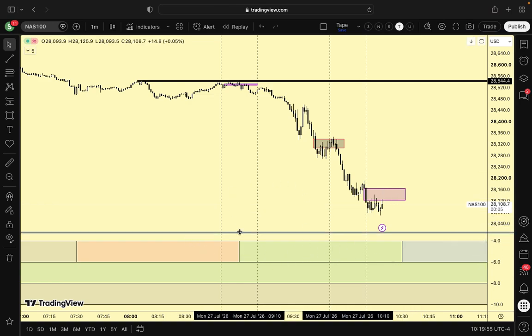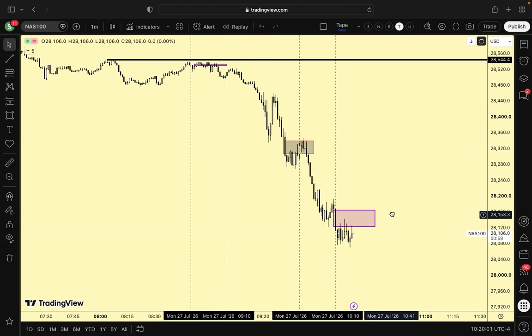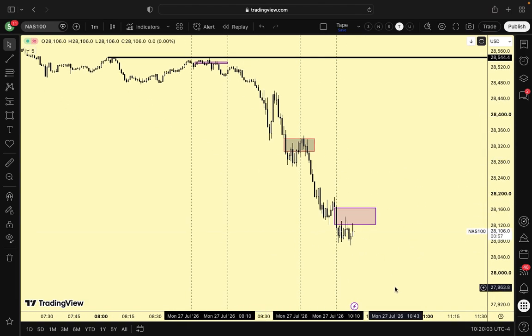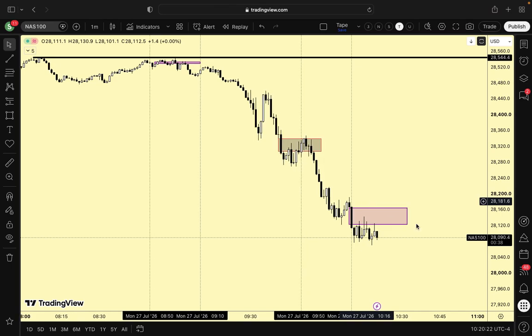So the prior macro would set up a manipulation, then the next macro would be the distribution or continuation in the opposite direction of the manipulation where this one happened. So here we got the manipulation to the upside, set us up to go down. We took the short, or ideally it would have been a short. And then, as per the move already framed, for the 950 to 1010 macro, we then just look for continuation.